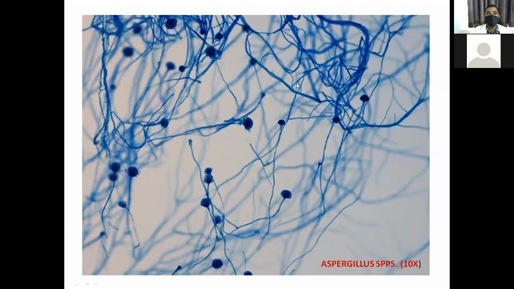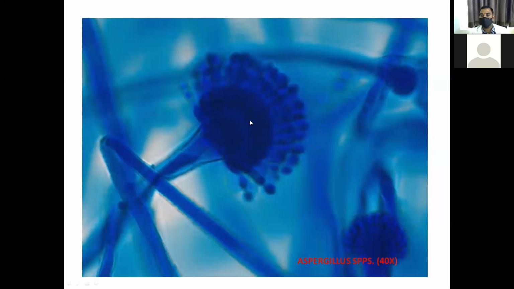In low power, in Aspergillus species, you will observe conidia very clearly in microscopic examination. Then, once you have very clearly seen the whole intact structure and conidia, you move on to 40x high power.